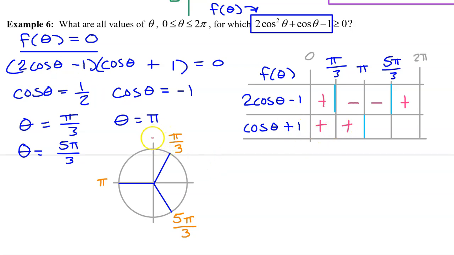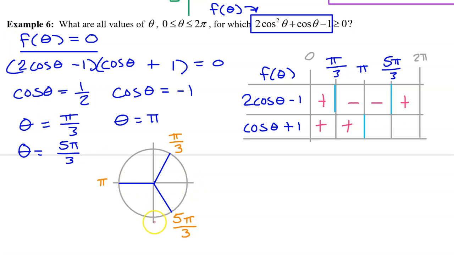If we use pi over 2 for the test value, we know that the x value here, and thus the cosine, is 0. So we'd have 0 plus 1, which is positive 1. Again, confirming that this factor is positive in this interval from 0 to pi. On the interval from pi to 2 pi, we can either use 3 pi over 2 or 2 pi itself as a test value.